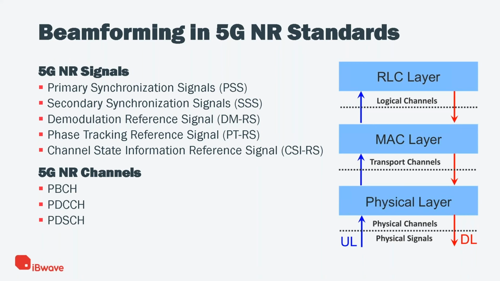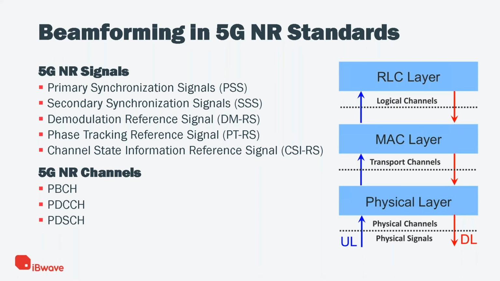It can be used for traffic channel. It can be used for broadcasting channel. And there is also what is called phase tracking reference signal, used for the tracking of the phase. There is also the channel state information, which are mainly used to estimate the channel and to help decoding the received signal.